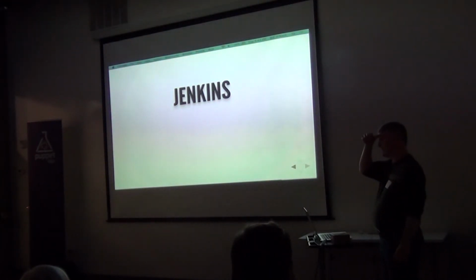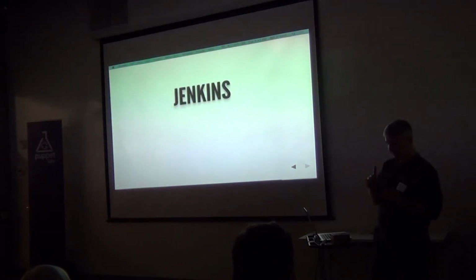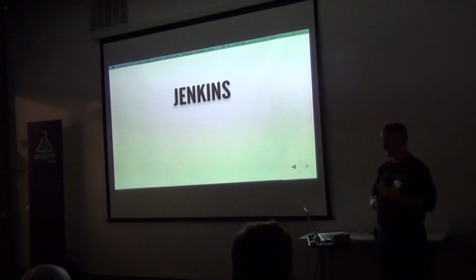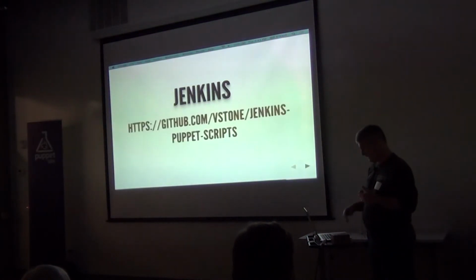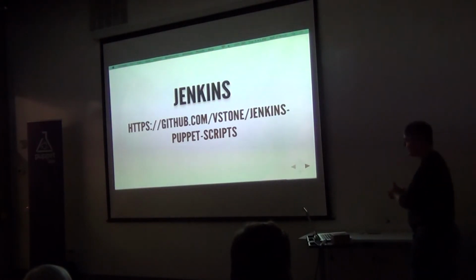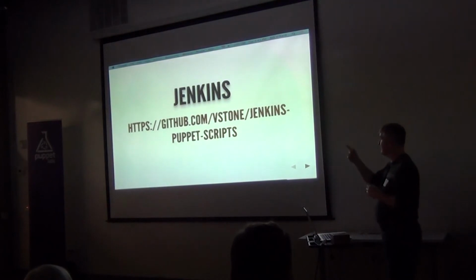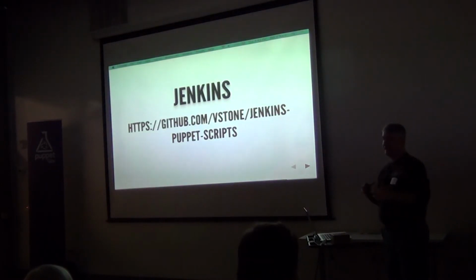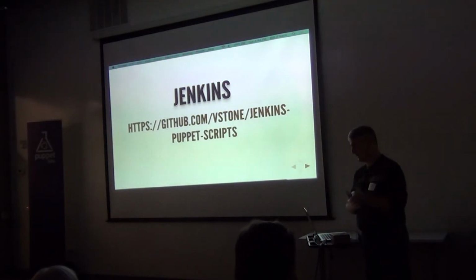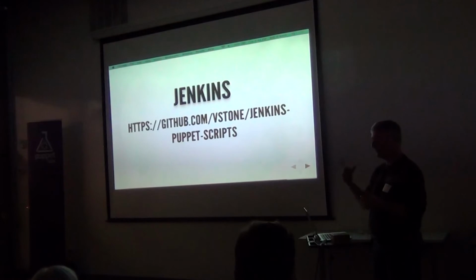And by build, I mean running those syntax checks against it: Puppet lint, Puppet parser validate, and the ERB checks. This guy, I think he works at Jenkins, or is part of the Jenkins project, I'm not sure, but he has a bunch of scripts that already handle this kind of configuration. So we clone this into our Jenkins jobs, and we use that to do the checks for us.